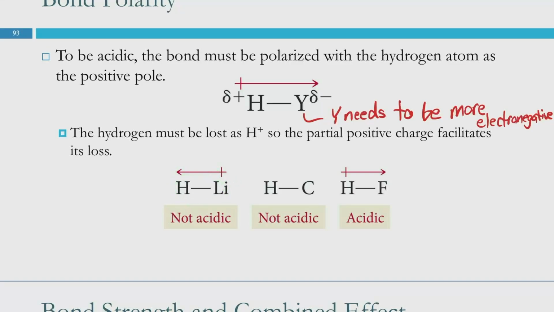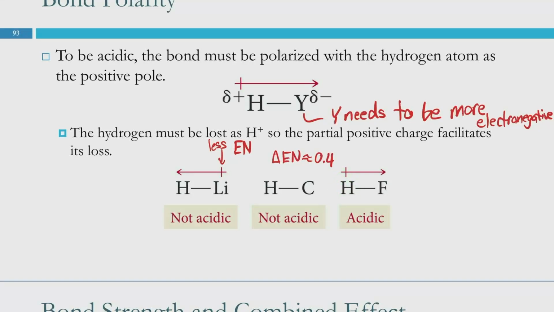If it bonds to lithium, though, lithium is less electronegative than hydrogen, and so it's going to take on the positive side of this bond. For hydrogen and carbon, they're not different enough that it forms a polar bond, and so it can't be acidic. I think that's a difference of about 0.4, kind of on the threshold for low end of polar bonds.